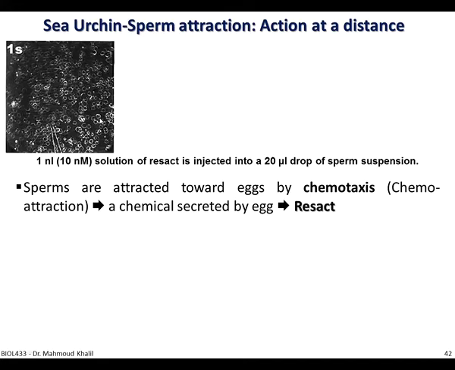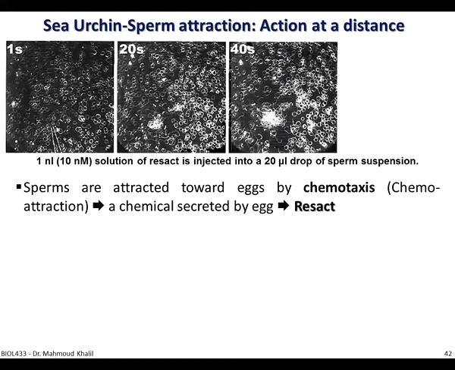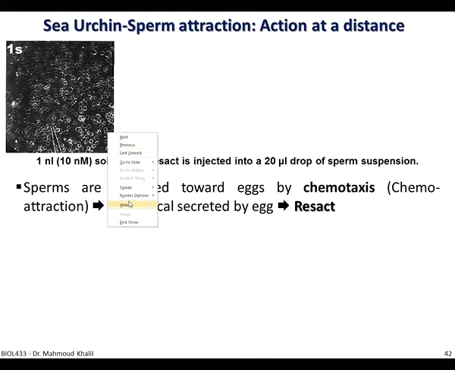What did the scientists do? In this petri dish they injected a solution of resact, the chemotactic molecule, at a concentration of about 10 nanomolar. Once it is secreted, and you need to understand it is secreted in that location, it is secreted here.